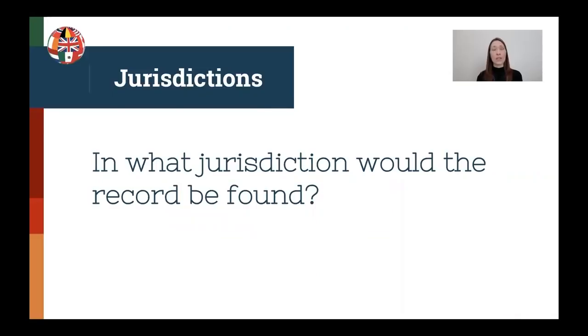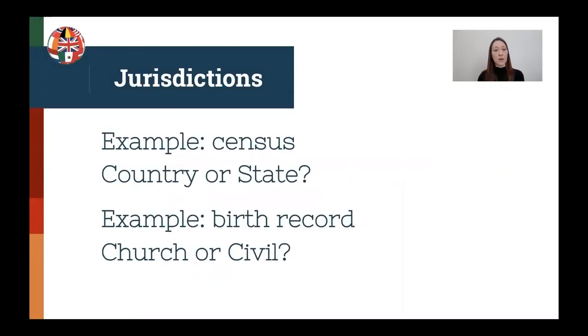All right, so then we're asking ourselves the question, in what jurisdiction would the record be found at this time period? For example, if I'm looking for a census record, am I looking for a US census or am I looking for a state census? If I'm looking for a birth record, am I looking for a church, like a baptism, or am I looking for a civil or a birth certificate, something that was kept by the government?